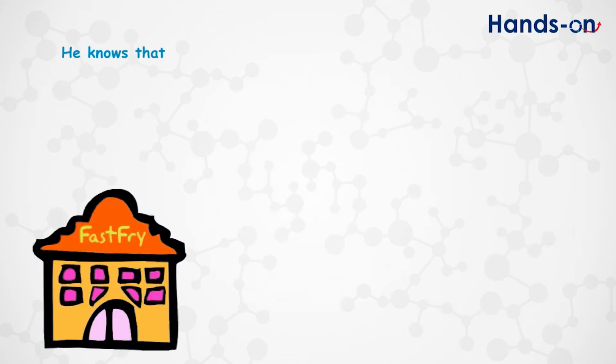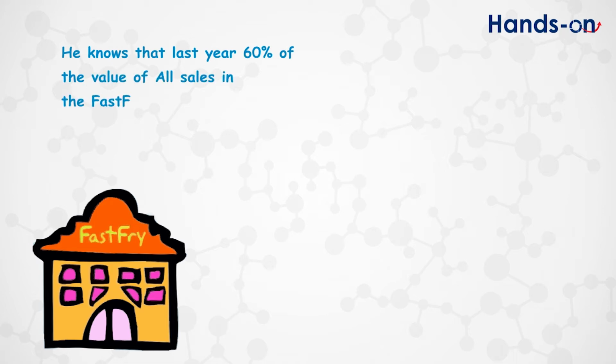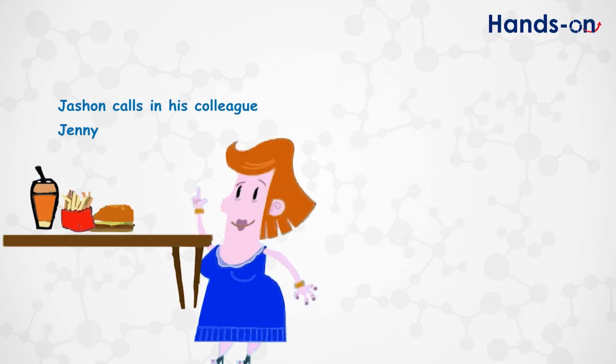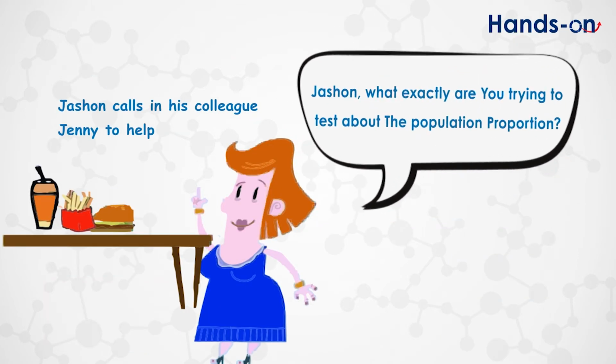He knows that last year 60% of the value of all sales in the fast fry chain came from hamburgers. How can I use this to set up a hypothesis about the current population proportion? Jason calls in his colleague Jenny to help.